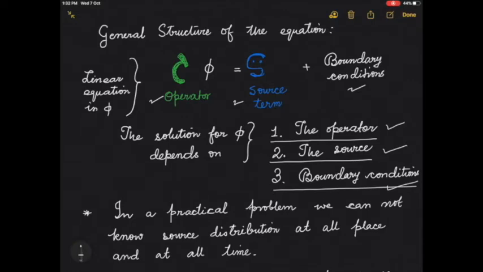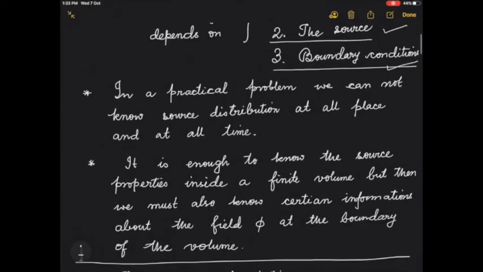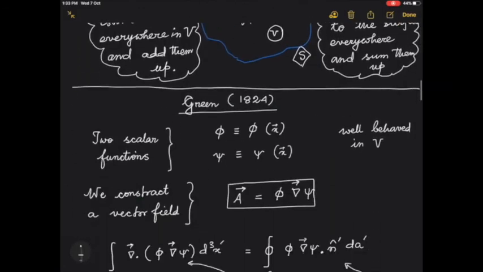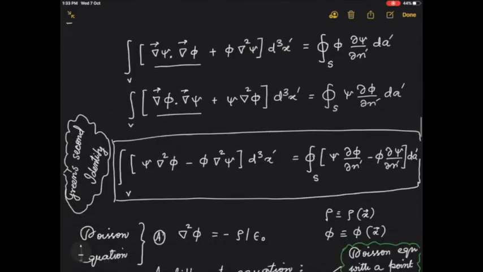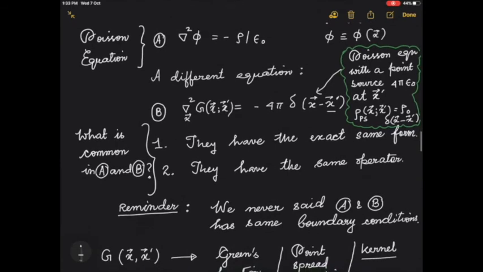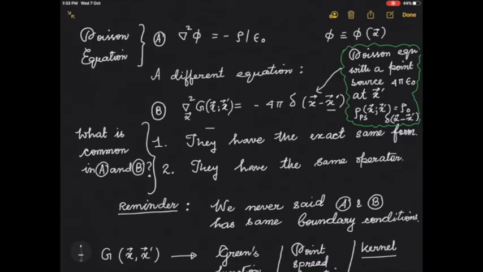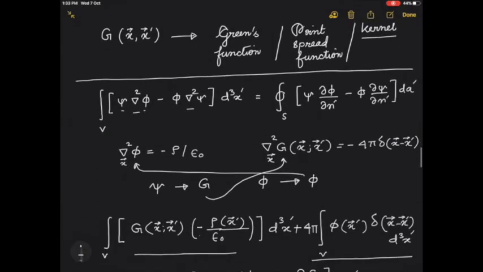What we did in the Green's method is, first we said that we will try to find the solution for whatever boundary condition we wish, but for the same operator with a source which is a delta function source. And that is what I get the Green's function for. So I got a Green's function which is a solution of this equation where the source is replaced by a delta function.